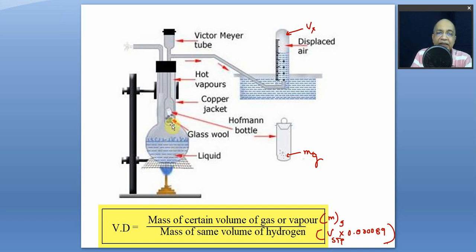Now there is a small, tiny, very good looking bottle called the Hofmann's bottle, where you take the volatile liquid, say acetone or whatever, the unknown liquid, which will be vaporized very easily. The mass, supposing, is m in gram. Before you drop it, this is called the Victor-Meyer's tube.